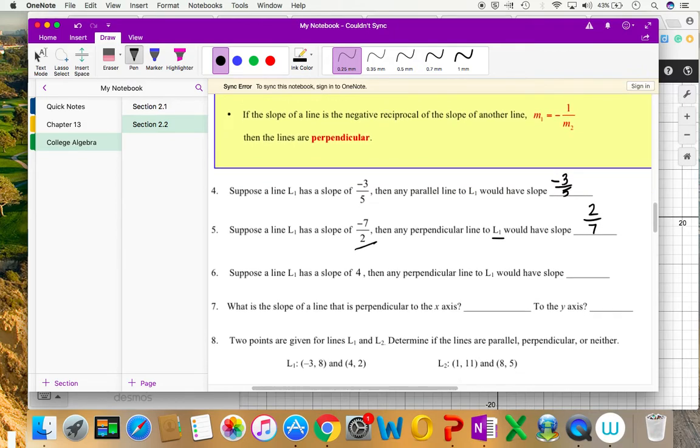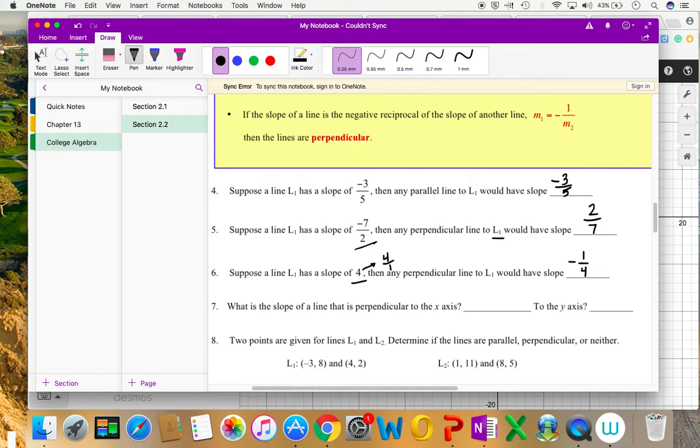Suppose a line has a slope of +4. First thing I would do is rewrite this as 4 over 1. Make it a fraction. Any line perpendicular to line 1 would now have a slope. Because it was positive to start with, I make this negative and I flip the 4 over 1 to make it -1 over 4.